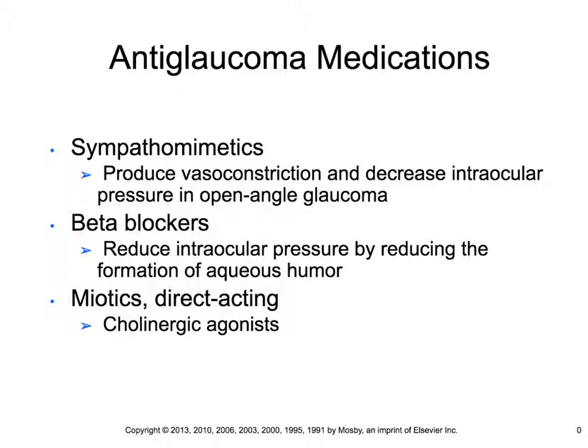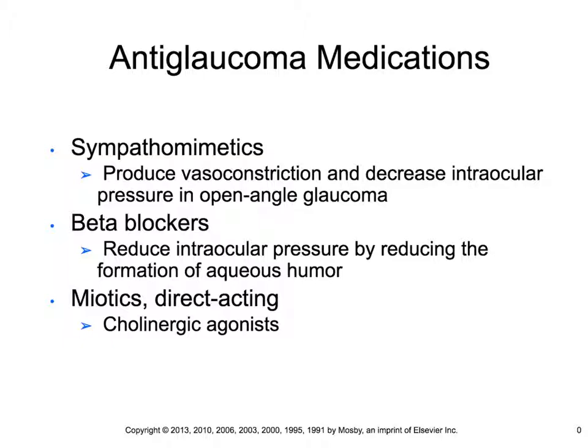And the topical beta blockers are used primarily in treating the primary open-angle glaucoma. They also may be prescribed other topical medications to lower the ocular pressure. Beta blockers are occasionally used to treat the angle closure glaucoma, so the narrow-angle glaucoma.